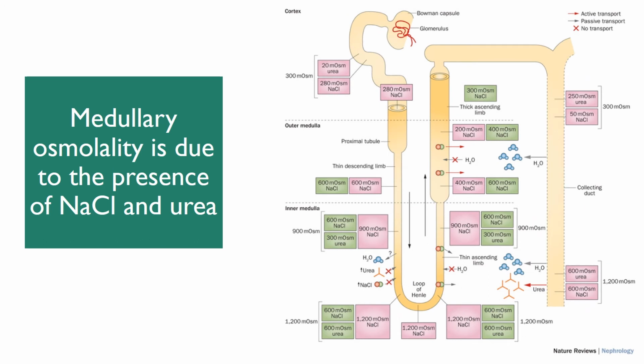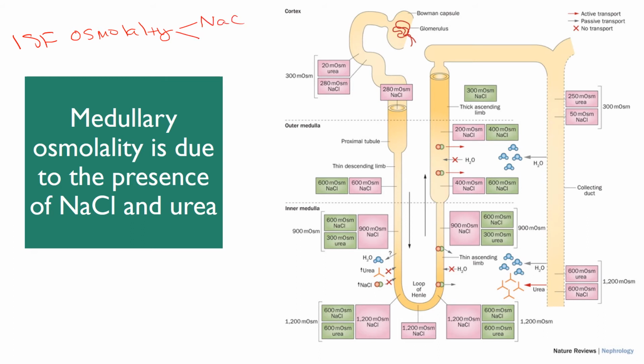Before we get into urine formation, there's one more caveat I want to add about the interstitial fluid. We've talked a lot about the osmolality of the interstitial fluid, and we've talked about sodium chloride. However, there is another solute that contributes to the interstitial fluid osmolality.